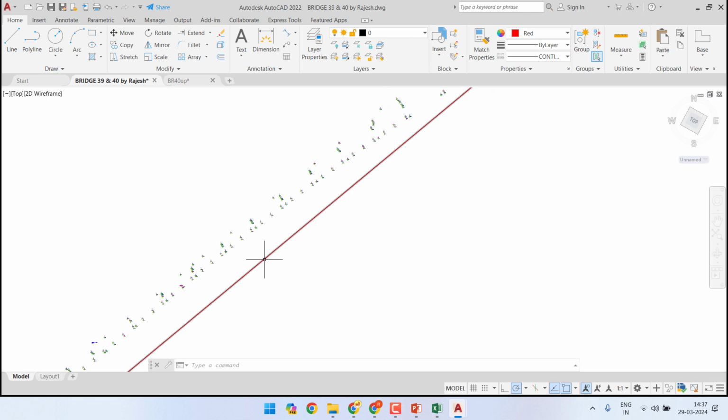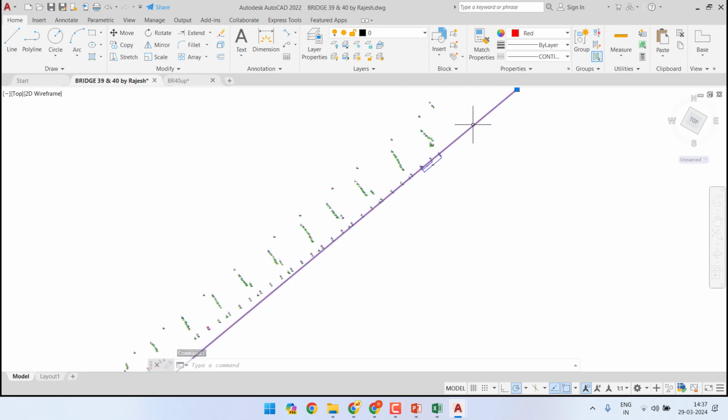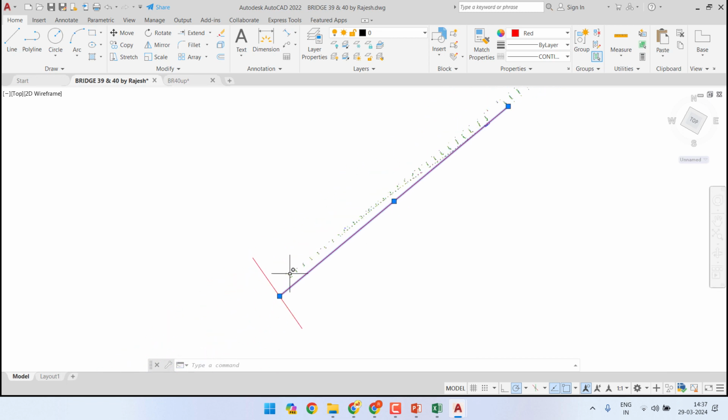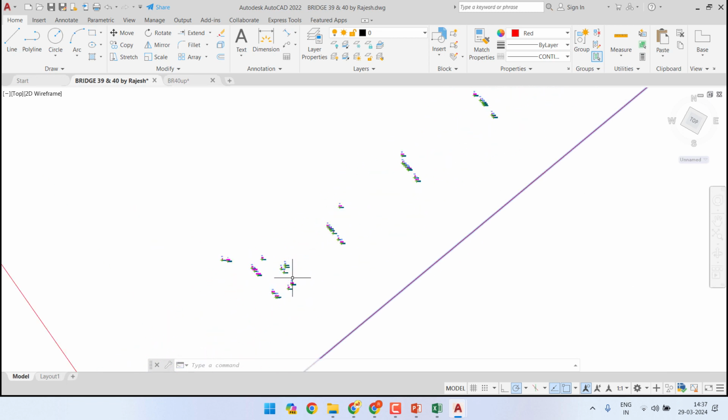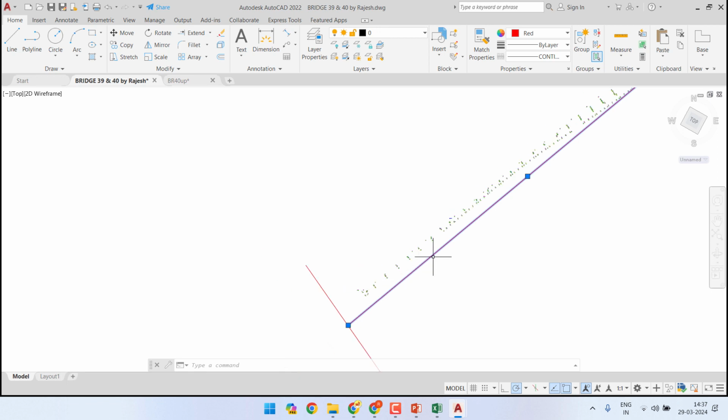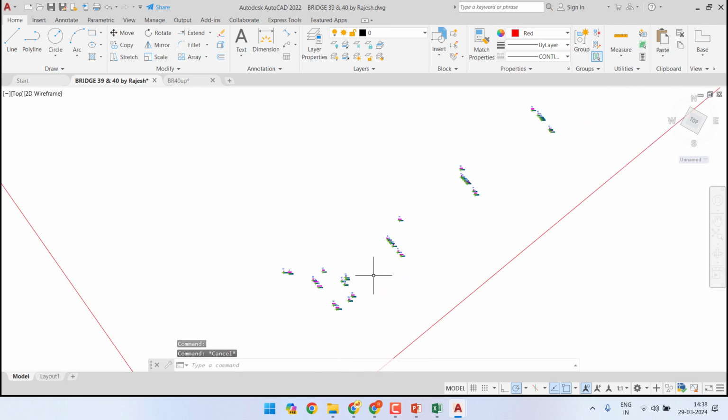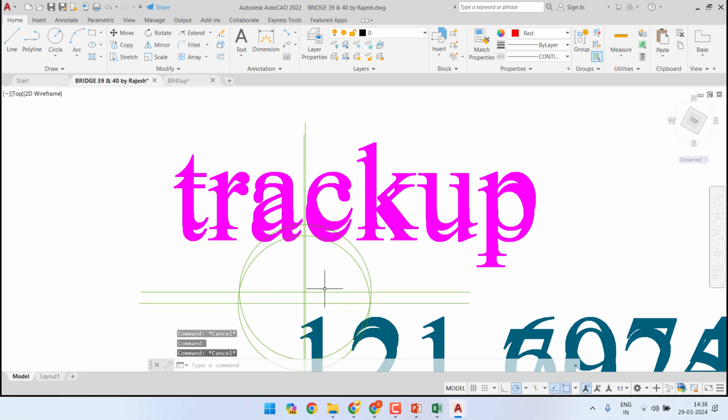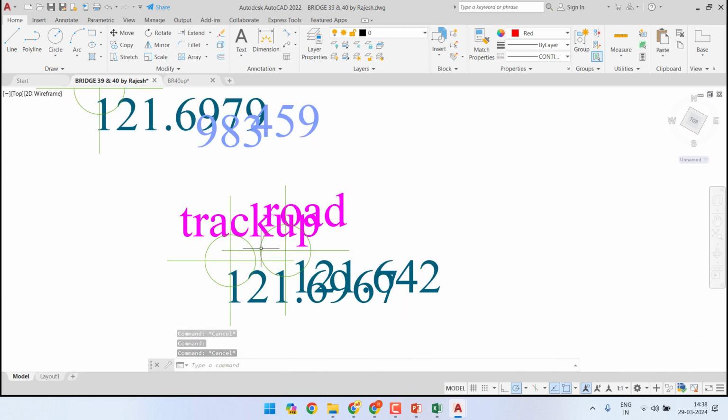and let us for the time being assume that the initial terminal tangent and the final terminal tangent are parallel to each other, which may not be the actual case. So in this case we will draw a line parallel to this terminal tangent and use a point on the up line, like this is the track up.